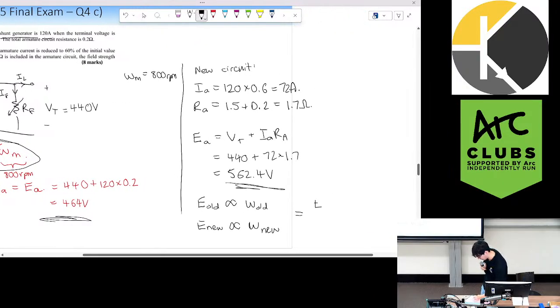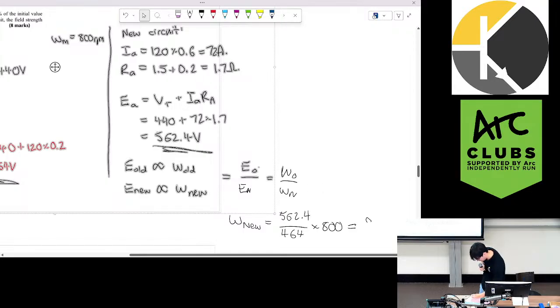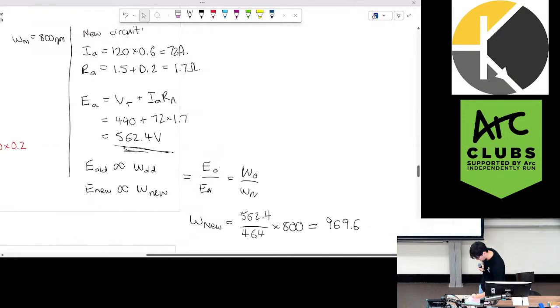The old EMF over the new EMF is the same as the old speed over the new speed. Subbing in these values, we can arrange for omega_new. Omega_new will be 562.4 over 464 times 800, and that gives us a speed of 969.6 RPM.